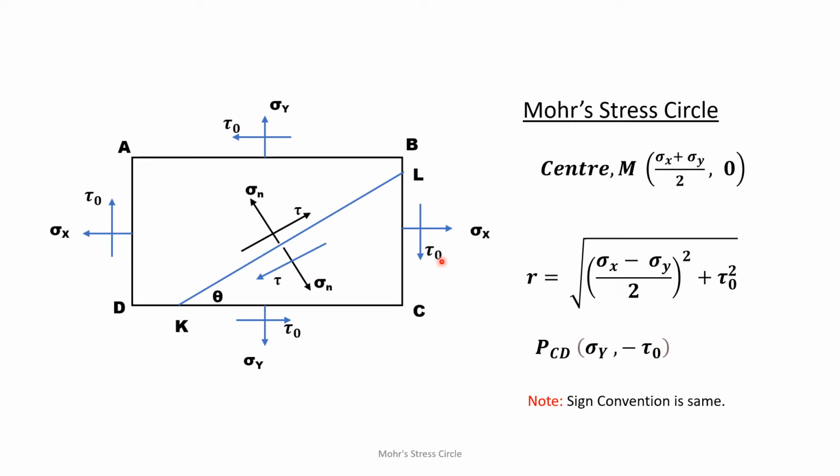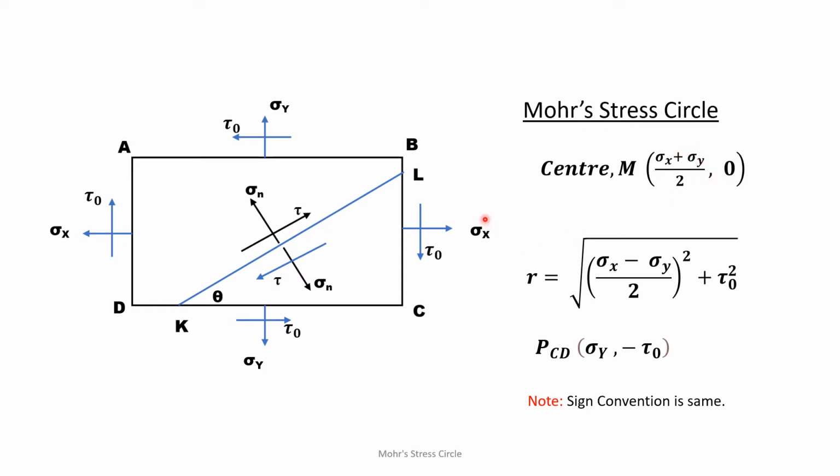If a direction changes, the stress direction changes, take it as negative. Then find out Mohr's stress circle center. The center M is at sigma x plus sigma y by 2, comma 0.